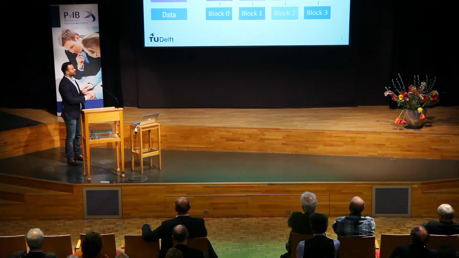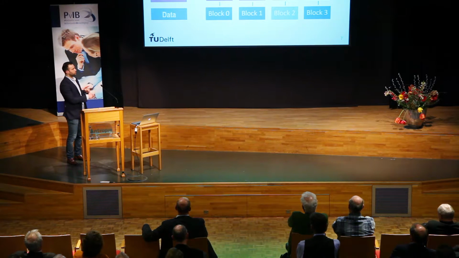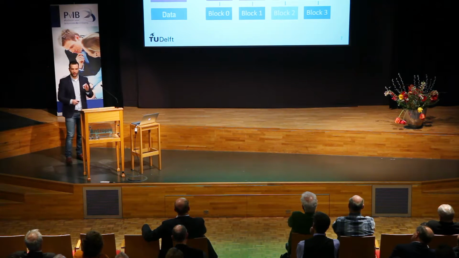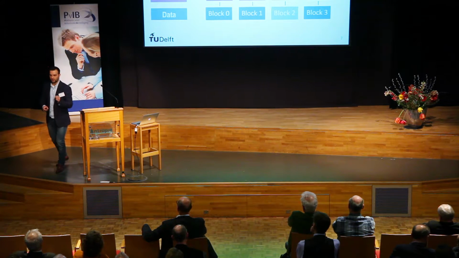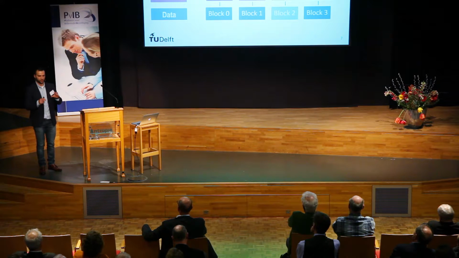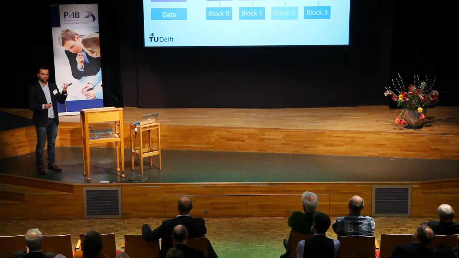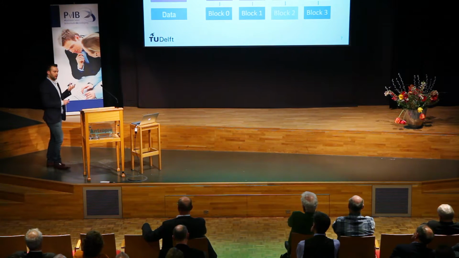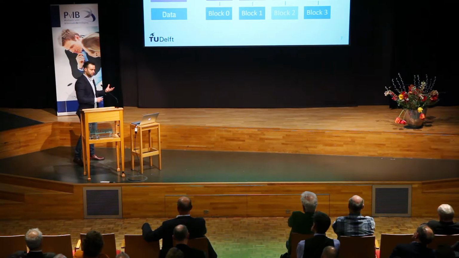Because as a client, I have the block from the cloud. I can compute this value, hash 2. I receive the other hash as a proof from the cloud server, so I can compute this one, and with the help of the proof, I can also compute the root, and I will check it against the one sent by the writer. If it's a match, it means that the block does exist, and it is still intact.